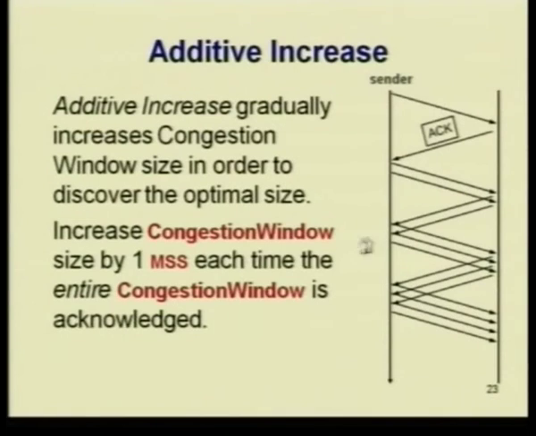So my congestion window, which was 2, becomes 3 on receiving these 2 acknowledgements. We increase the congestion window by 1 MSS each time the entire congestion window is acknowledged. Now I have sent 3 packets. When I get back 3 acknowledgements, I again increment it by 1, so from 3 it becomes 4.